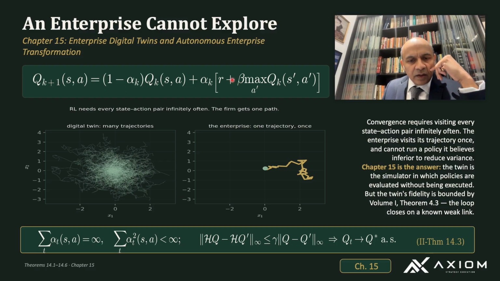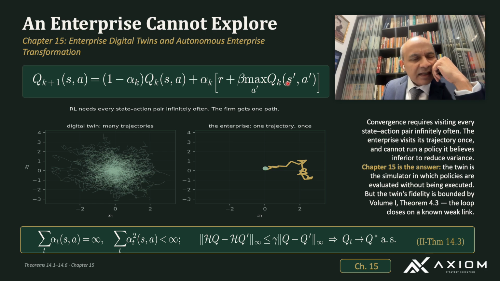The term max over A prime of Q sub k of S prime, A prime, when you multiply that by the discount, is the best estimated future value available from the next state S prime.